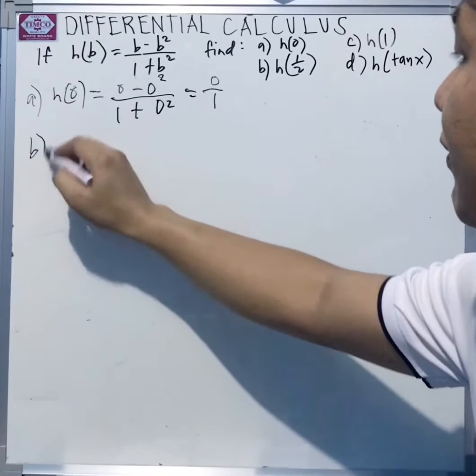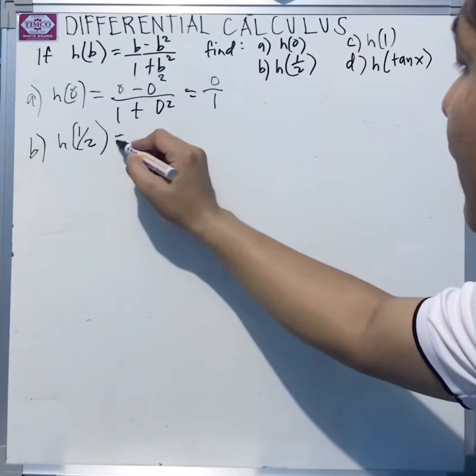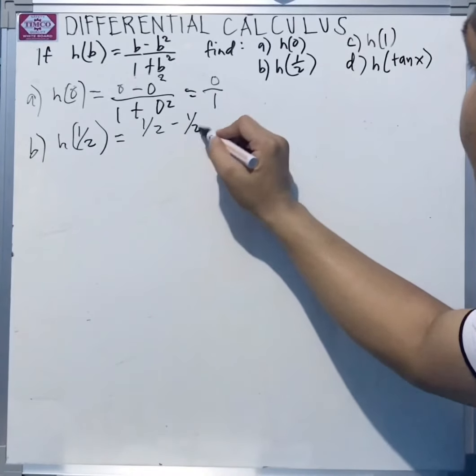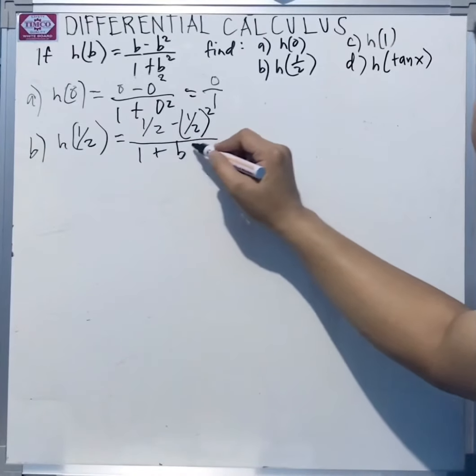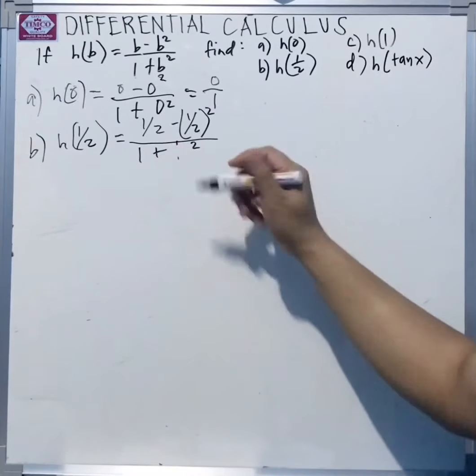So, letter B, we have h of 1 half. Substitute yung 1 half. 1 half minus 1 half squared over 1 plus b squared. B squared natin is 1 half.